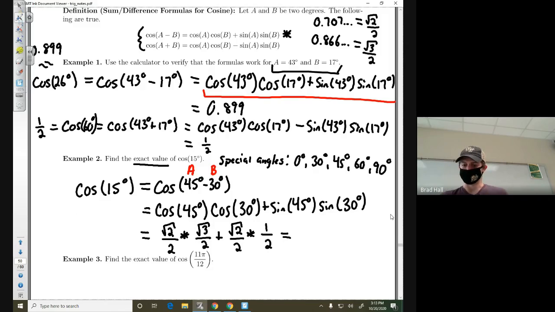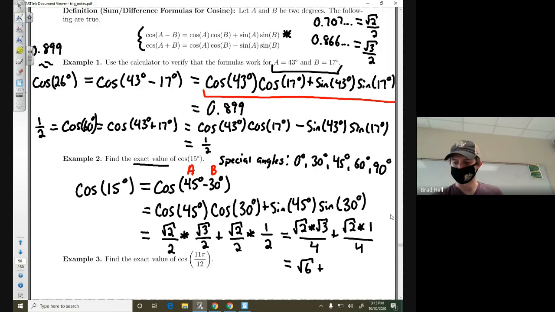And by simplifying this, the way we multiply fractions, square root of 2 times square root of 3 over 4, plus square root of 2 times 1 over 4, which we combine all this together: square root of 6 plus square root of 2 over 4.